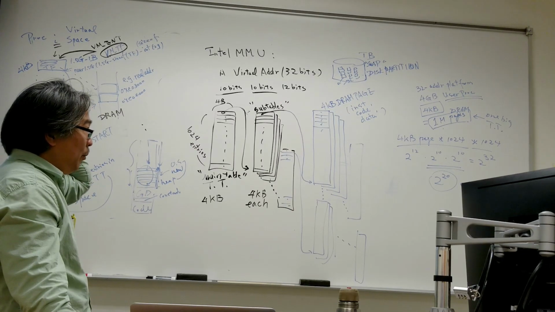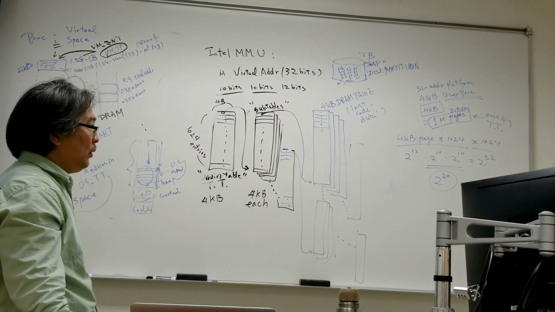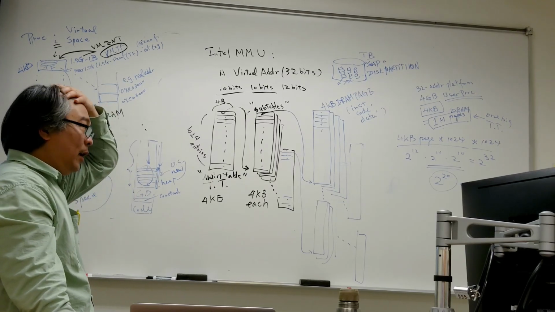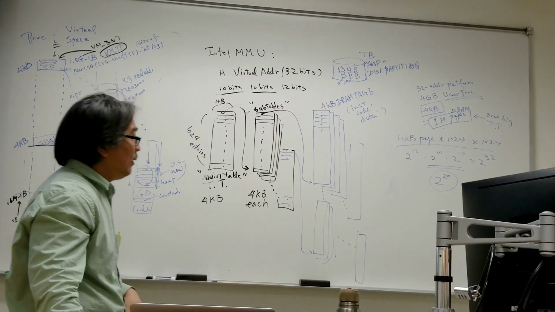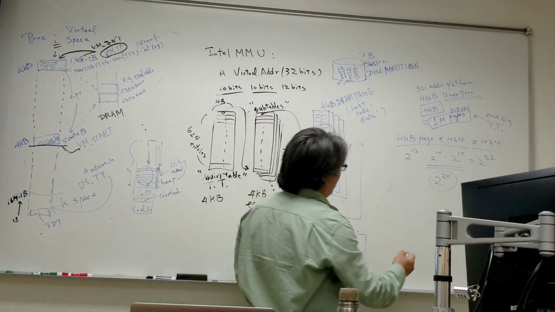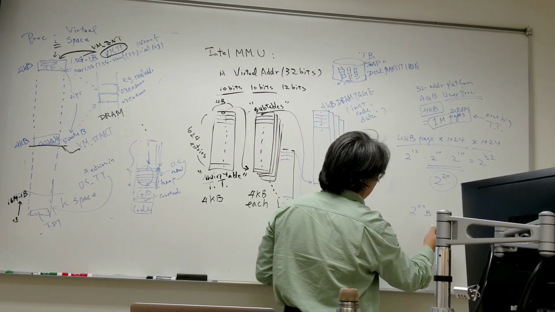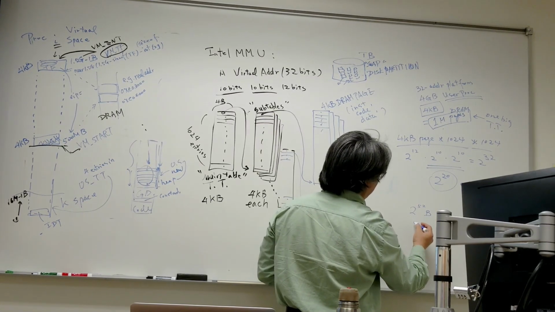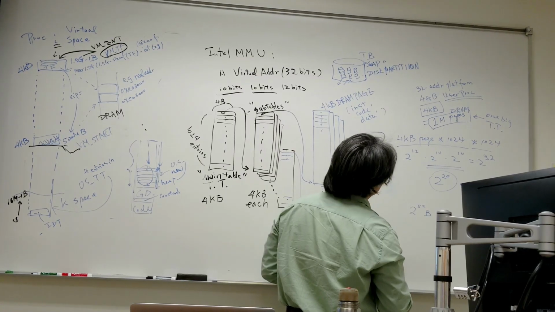Probably only in the 4 megabyte DRAM construction can we really reach the 64-bit of the process virtual space. Because right now the hardware only goes up to 2 to the 52nd byte. I think that's 4 petabytes of virtual memory.